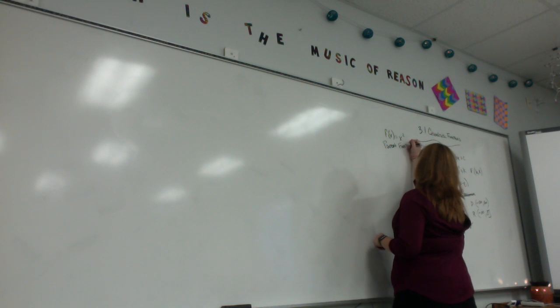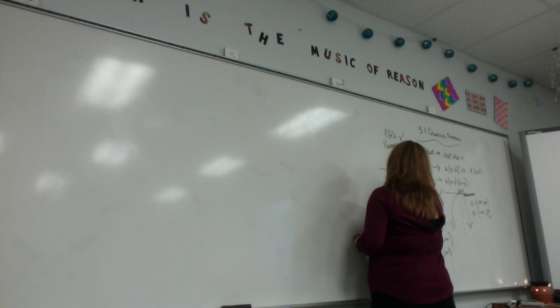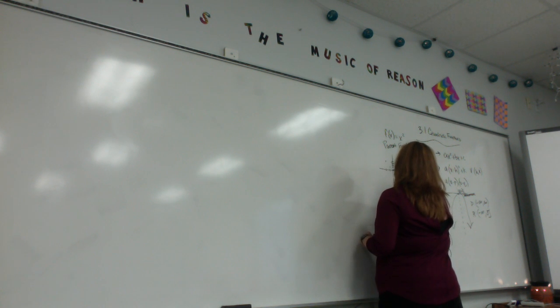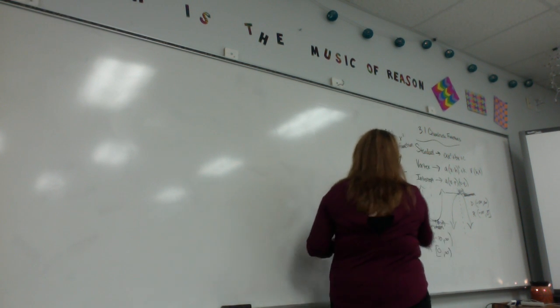It goes from 0, 0 as the vertex. If you plug in a 1, you get a 1 out. If you plug in a 2, you get a 4 out because you're squaring it. And that's your parent function of this parabola. So we're going to compare everything to our parent functions.